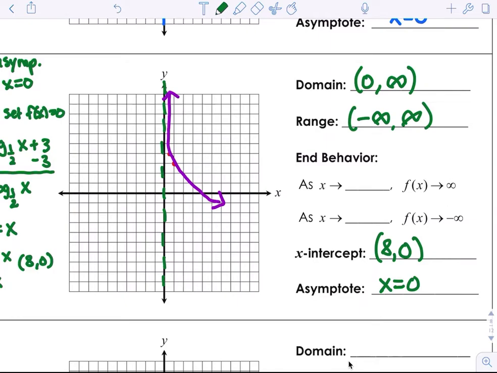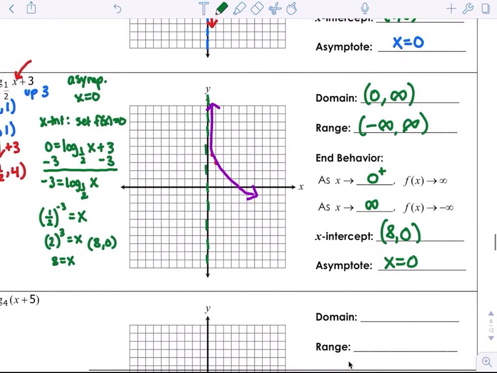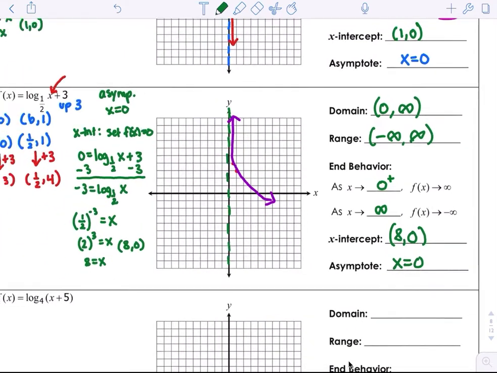When f of x is approaching infinity, it's over here, and that's when your x value is approaching 0 from the right-hand side. When f of x is approaching negative infinity, which is down here, x is approaching positive infinity. So that's your end behavior.